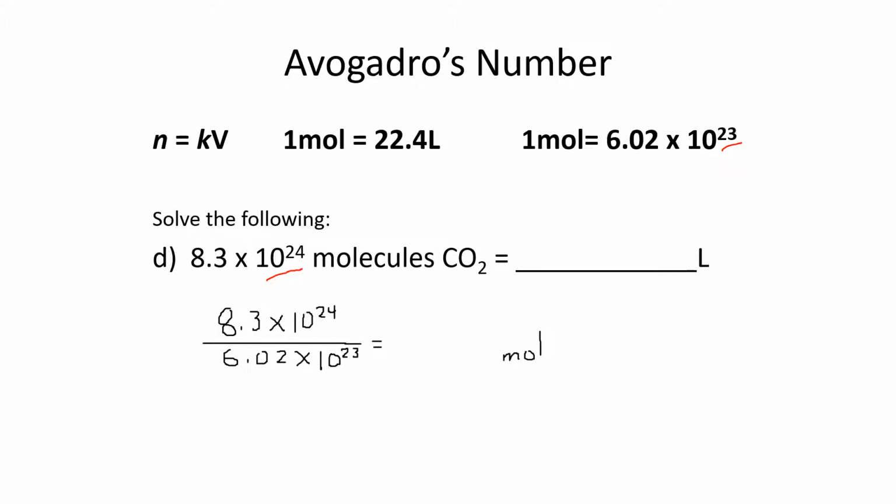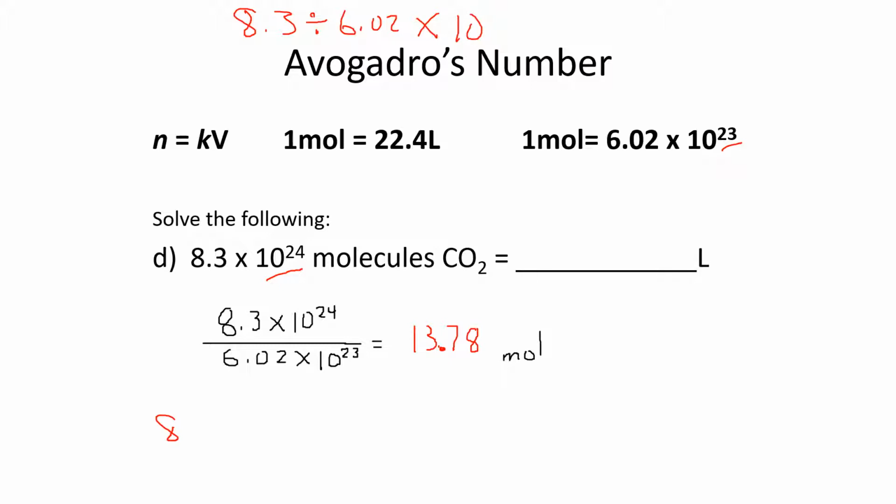So this is what the setup looks like. You can punch it in your calculator if it has exponents. If not, just subtract. So what you'll do is, let me do it up here, 8.3 divided by 6.02 times 10. 24 minus 23 is 1.